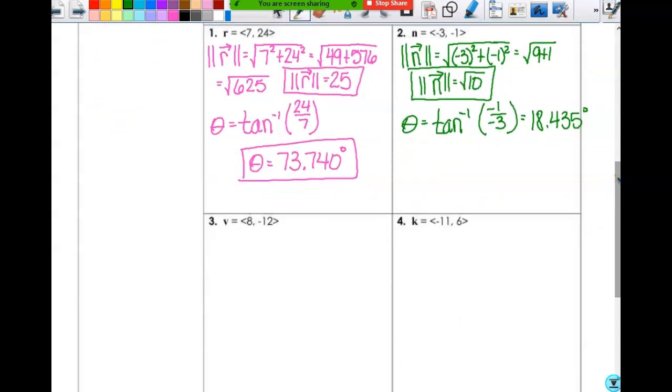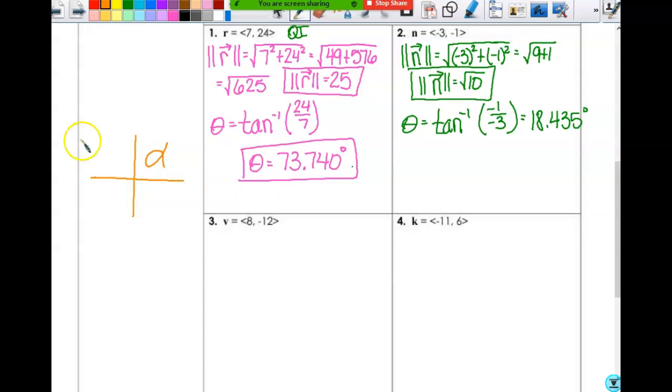On number 1, if I think about where this vector goes, if I'm going to go right 7 and up 24, then I'm pointing towards the first quadrant, which makes this a quadrant 1 angle, and that's what I got, so that's why I was fine. When we were taking the inverses, we had to figure out our quadrants, remember we talked about the reference angle. Your reference angle is alpha.